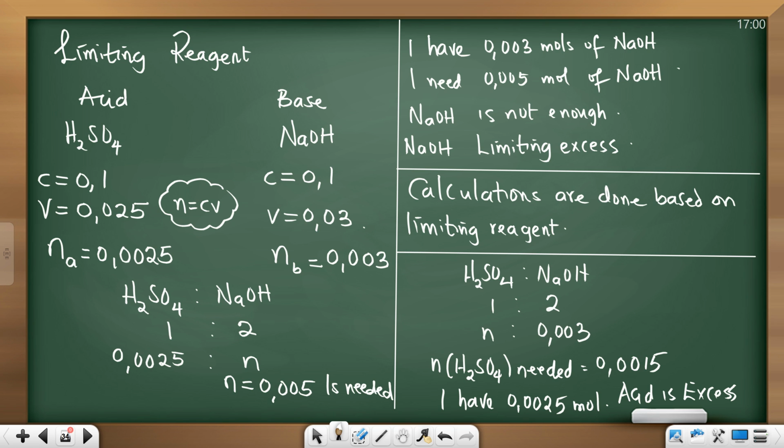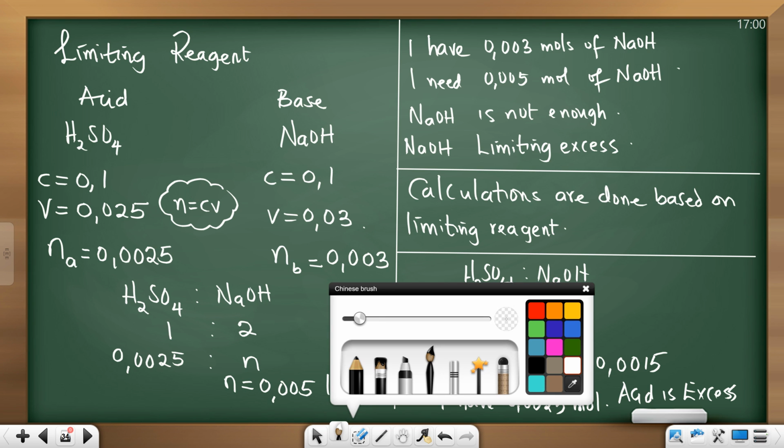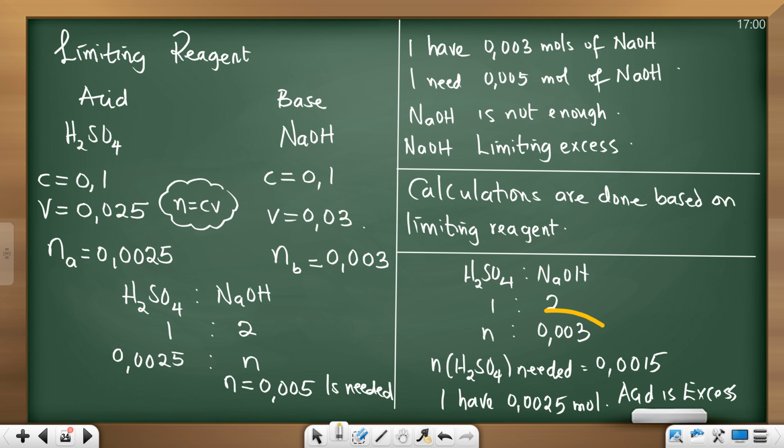All right. Then we have this one. All calculations must be done based on what? Limiting reagents. So we're given 0,003 of the base, let me try to highlight a few things. This is what we have for the base, right? It used up 0,0015 out of 0,0025.